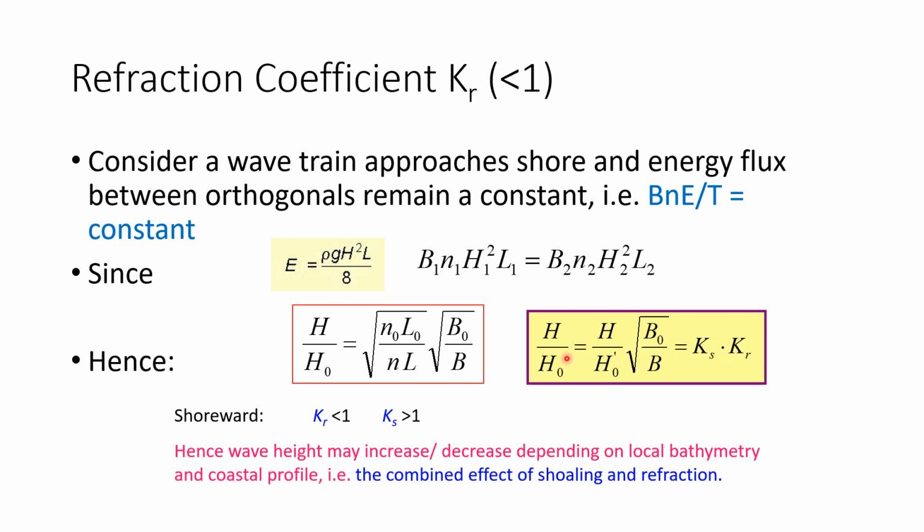The shoaling coefficient, as we know previously, is H over H naught prime, and the refraction coefficient is the square root of B naught over B.